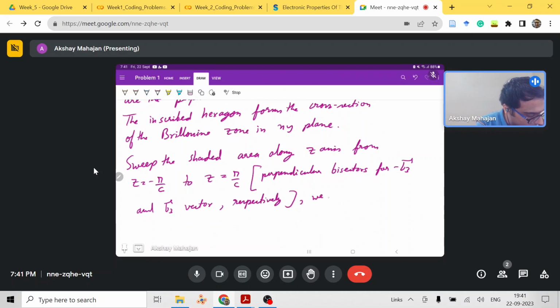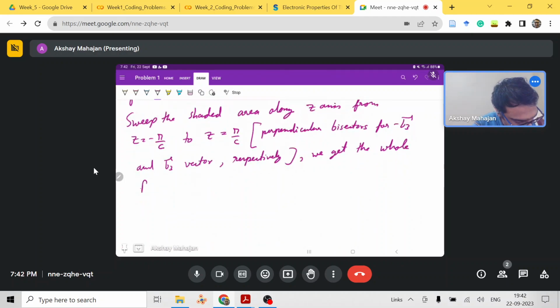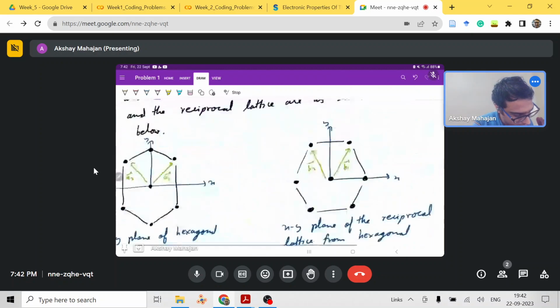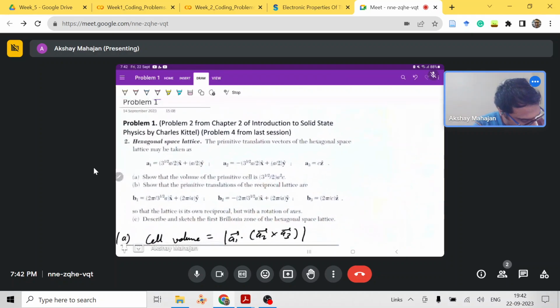Using this we get the whole first Brillouin zone.